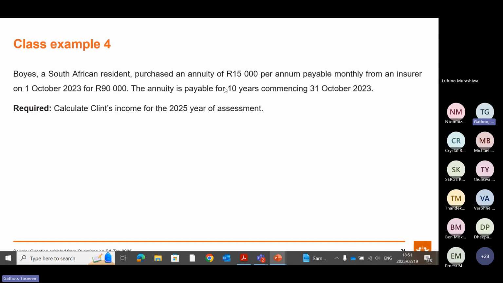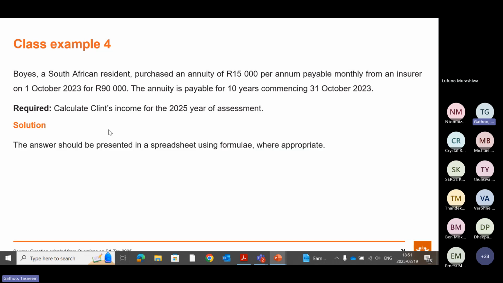Remember, under paragraph A of the gross income definition, the annuity is included in his gross income, but in terms of section 10 cap A, the capital portion of the purchased annuity, because this is a purchased annuity, will be exempt.